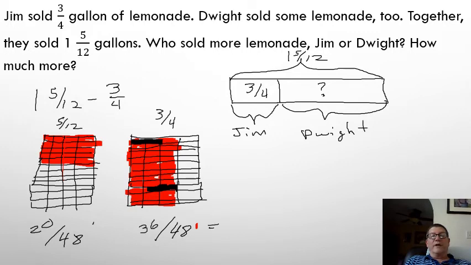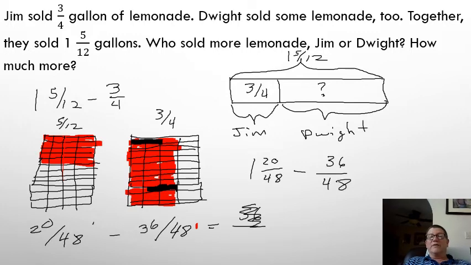We add these two together, we're going to get 56. Oh, excuse me, we're not adding them together, we're subtracting them. So now we have 1 and 20/48, and we want to subtract 36/48. Now, can I take 36/48 from 20/48?